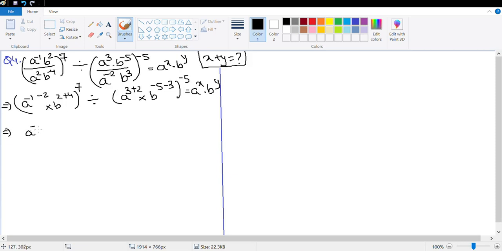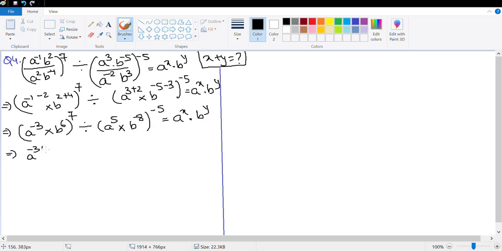That's a to the power negative 3 multiplied with b to the power 6 raised to the power 7, divided by a to the power 5 multiplied with b to the power negative 8, everything raised to the power negative 5, equal to a to the power x, b to the power y. Let's open this. That's a to the power negative 3 into 7 multiplied with b to the power 6 into 7, divided by a to the power 5 into negative 5 multiplied with b to the power negative 8 into negative 5.